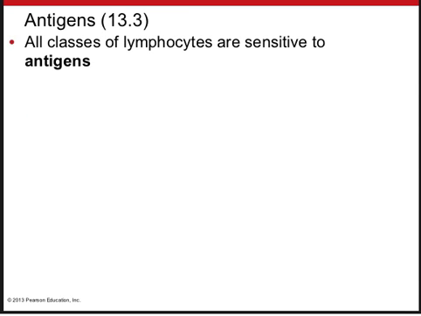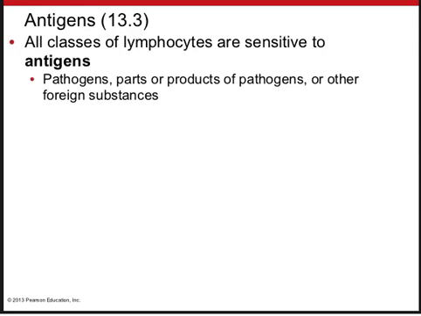All classes of lymphocytes respond to a molecular display known as an antigen. Pathogens, products of pathogens, or other foreign substances have the potential to be antigens. Most are proteins, but you can have any combination of molecules that could potentially be an antigen. You could have polysaccharide, you could have glycoprotein, you could have lipoprotein. There's a wide variety of potential antigens out there.